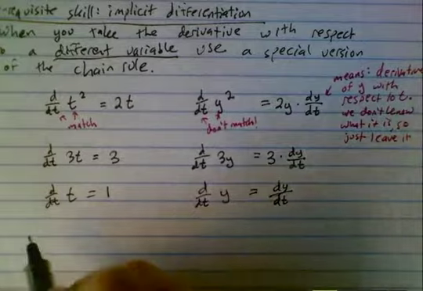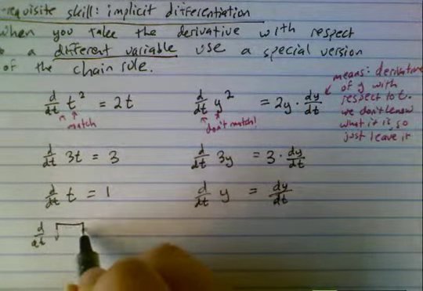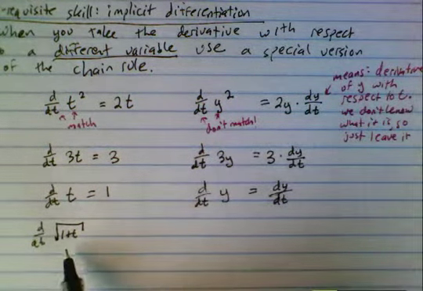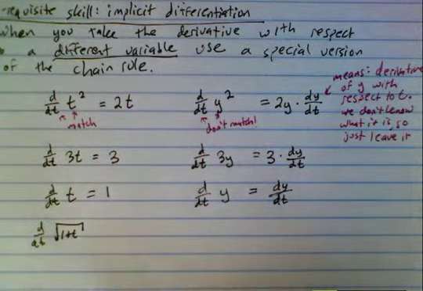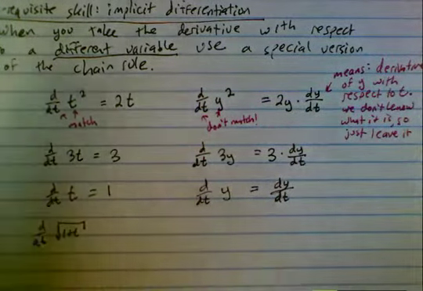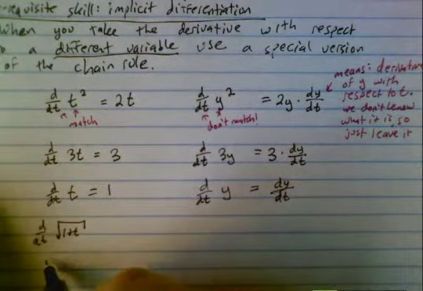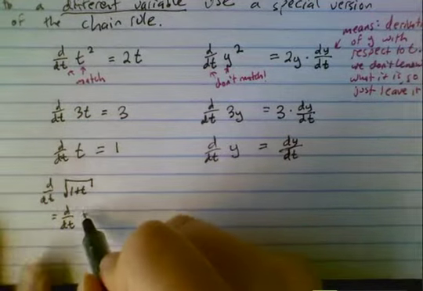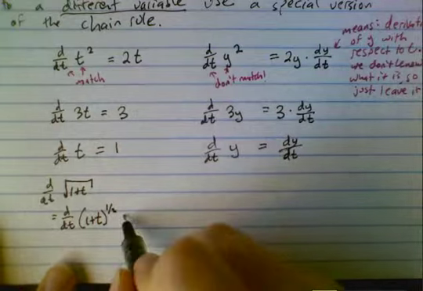One thing to be aware of is that just like the normal chain rule, if you are needing to do something like this, where you're going to be doing the chain rule when you do this derivative, you're going to multiply the entire thing by the derivative of what's inside the function, just like you would normally. So this is the same thing as finding the derivative of 1 plus t to the 1/2.